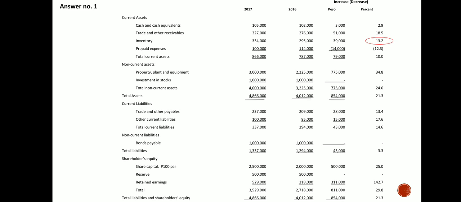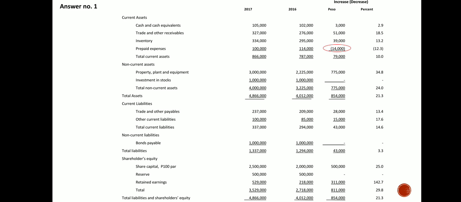So next we have prepaid expenses. The prepaid expenses decreased by 14,000. From 114,000 in 2016, it went down to 100,000 in 2017. So 100,000 less the base amount in 2016, which is 114,000. Our base amount, or the amount in 2016, is bigger than our amount in 2017, meaning to say it is a decrease.